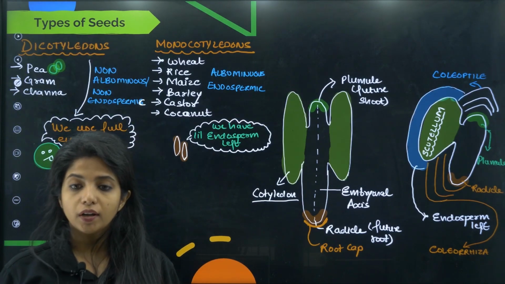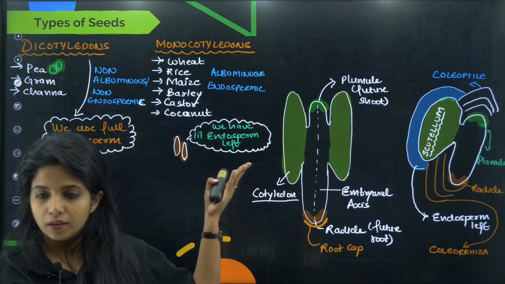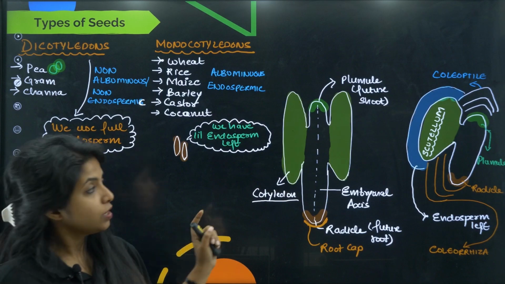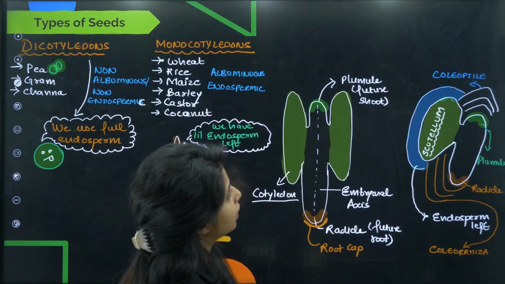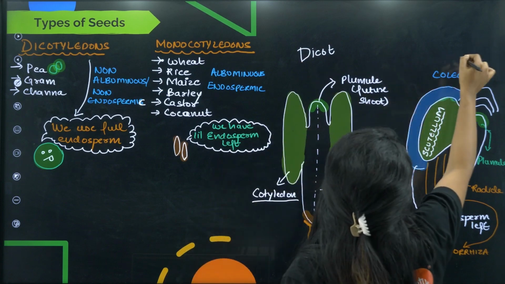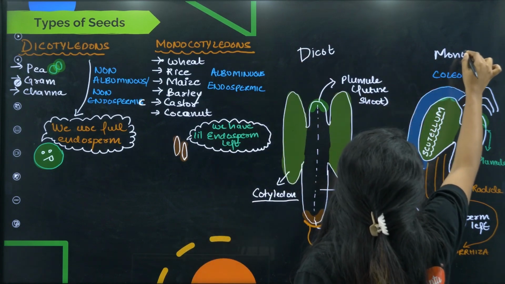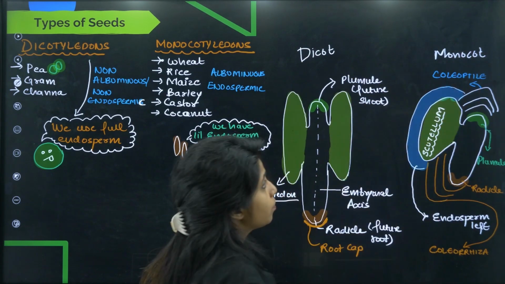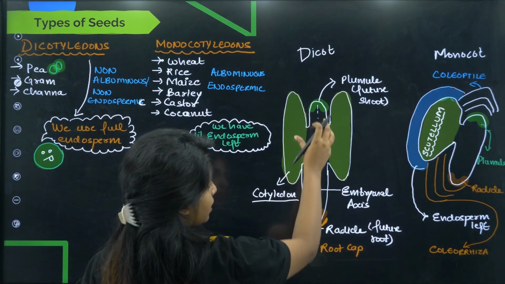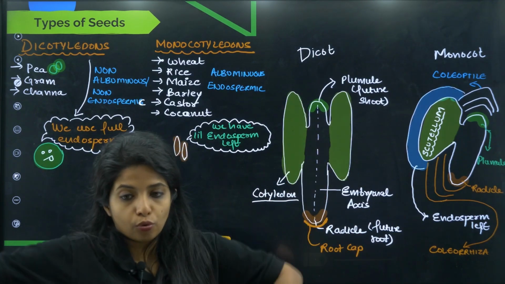Now we are going to talk about what they do with the nutrition which they got from the endosperm. So this is an example of a dicot. This is a dicot embryo and this is a monocot embryo. So inside the dicot seed you will find a dicot embryo, inside the monocot seed you will find a monocot embryo, right? Over here they have an axis like this, towards two sides they stored everything like this.